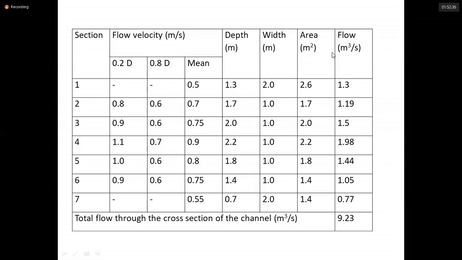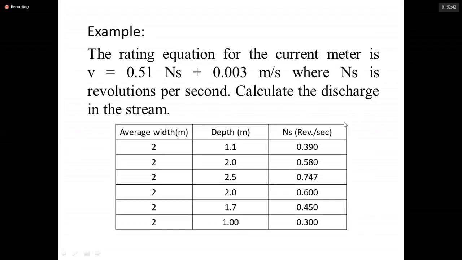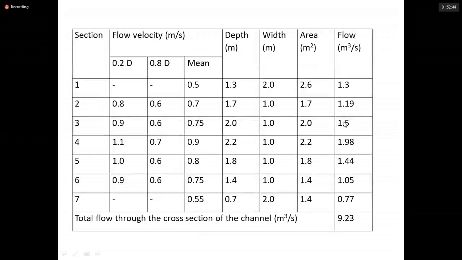You have to put the units in the top column. Otherwise, you have to write them down in each place. So, better to put them in the top column. Then, how to calculate the total discharge? Here, this is the discharge from the first section. This is the discharge from the second section. The full stream contains all these 7 sections.